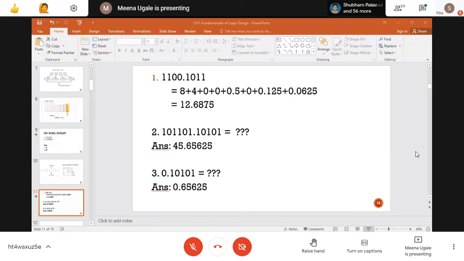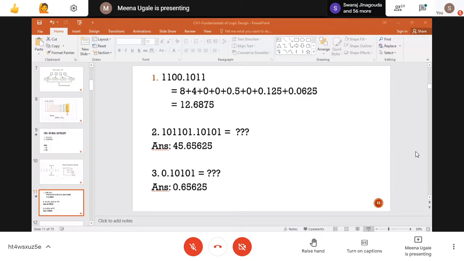See the next example. If I have a number like 1100.1011, how am I converting that? Same way, for the integer part, you are going to multiply by 2 raised to 0, 2 raised to 1, 2 raised to 2, 2 raised to 3. The answer you will get is 8 plus 4 plus 0 plus 0, for the 4 digits 1100. Afterwards, you have the decimal point and then the digits 1011.